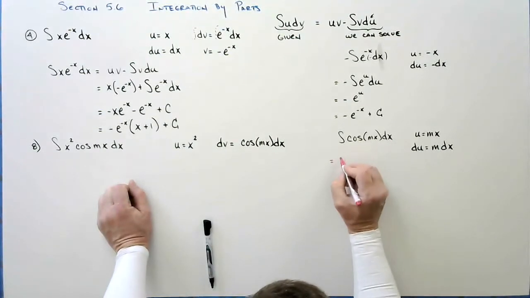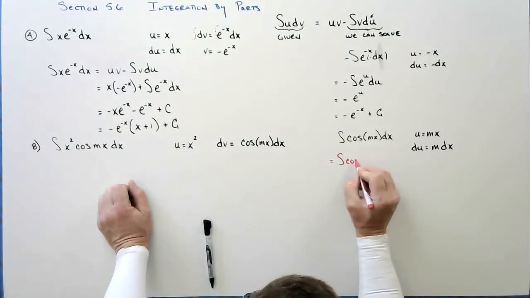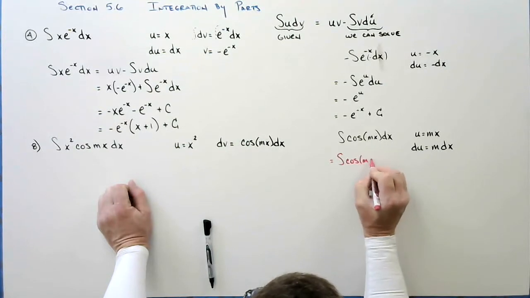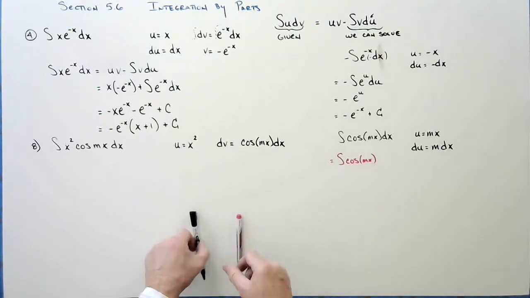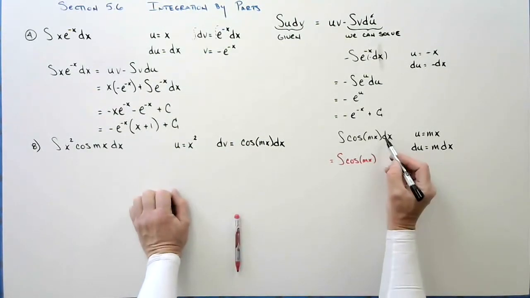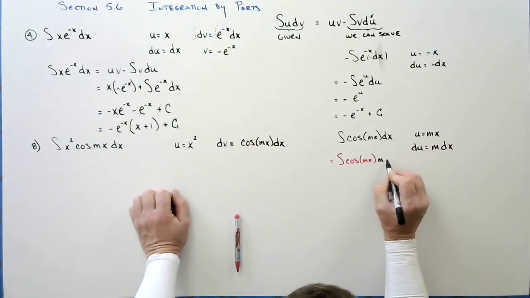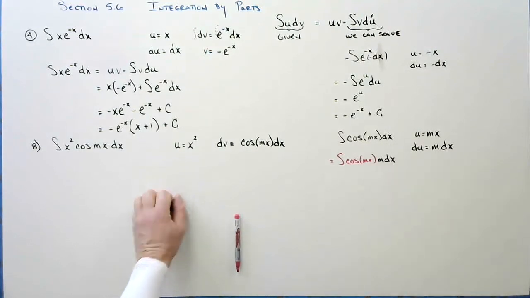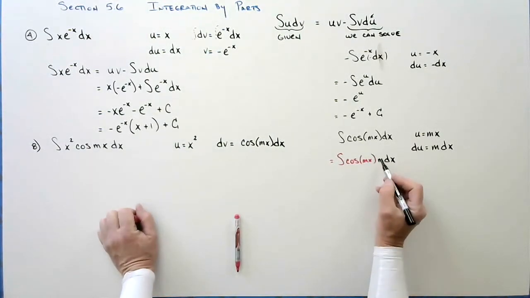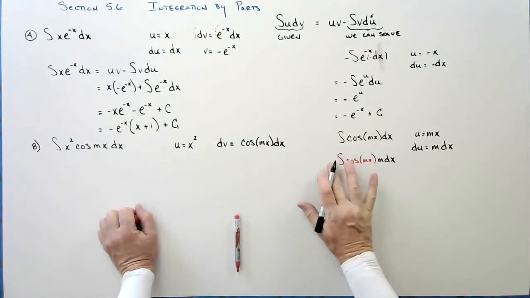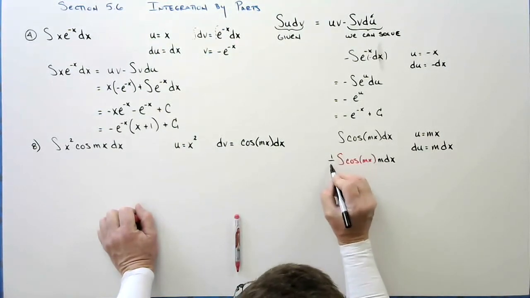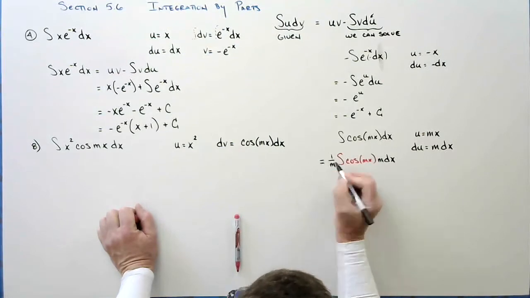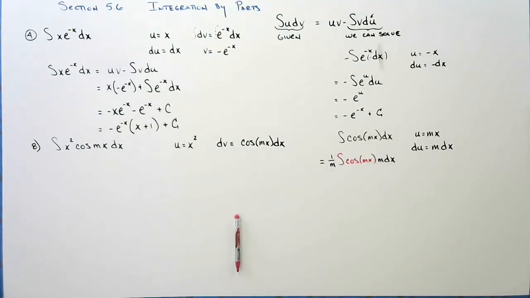When I do this integral, I'm going to have cosine mx, but I need a factor of m in front of my dx. So I can substitute that and turn it into du. But if I multiply by m inside my integral, I'm going to have to divide by m outside my integral, because remember, m is just a constant.